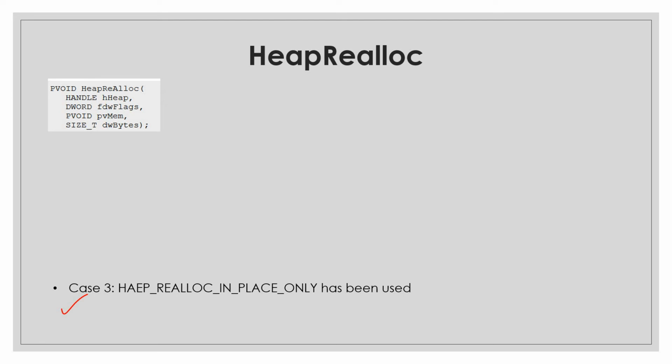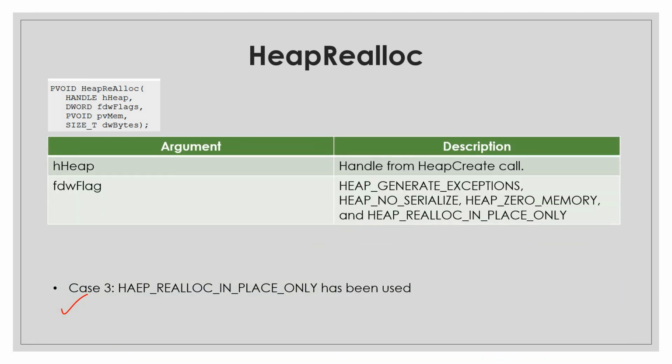It takes 4 arguments, but there is only one argument that we should discuss, and that argument is dwFlags. There are various options that you can provide as the flag here. One is HEAP_GENERATE_EXCEPTIONS, which you already understand.